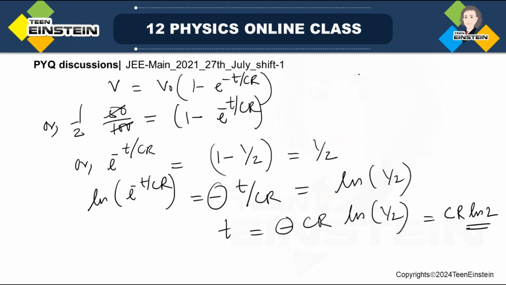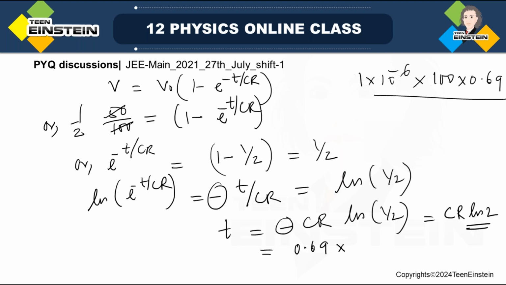Now what is C? C is 1 microfarad, 10 to the power minus 6. What is R? R is 100. Okay, CR, and ln2 is 0.69. If we multiply all this, what will we get? We'll get 0.69 into 10 to the power minus 4 second. Look here, this will cancel, so this will be 10 to the power minus 4.